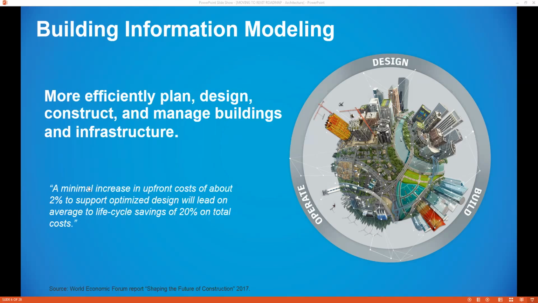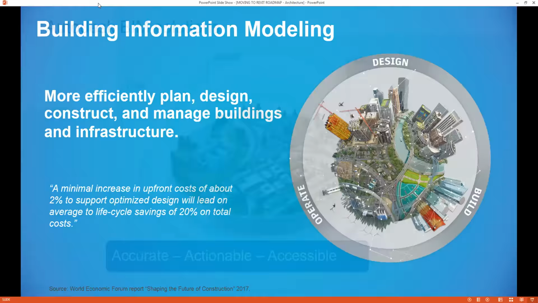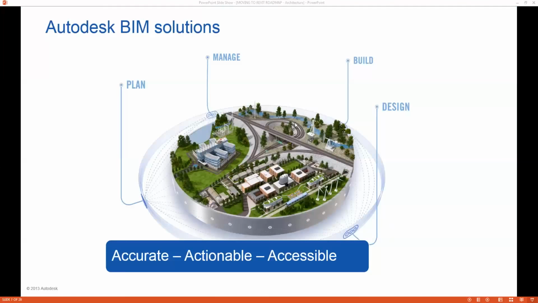But I need you to keep an eye on this portion here, the increase in costs, because more often than not, you might get some cost pushbacks. Okay. So all Autodesk BIM solutions cover the 4 areas that I've mentioned, that describe the AEC industry.